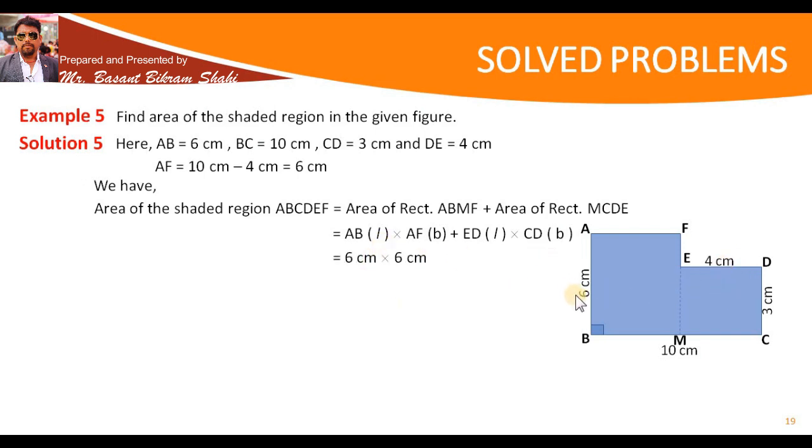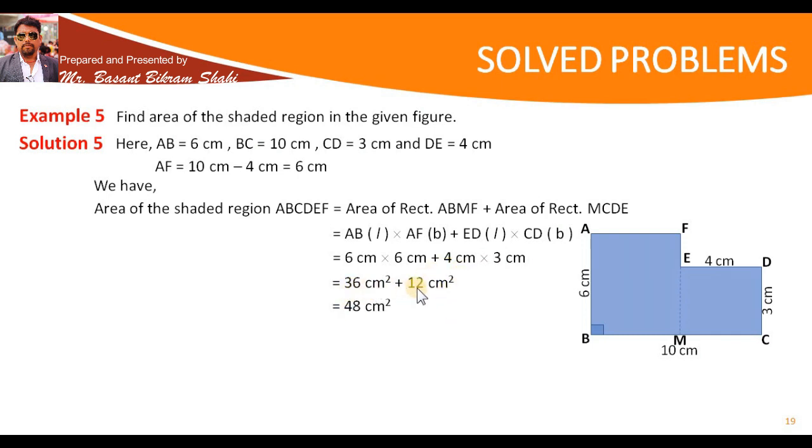Now L is 6 centimeter, and we got AF also 6 centimeter. ED, L, is 4 centimeter. CD, B, is 3 centimeter. So 6 into 6, 36 square centimeter. 4 into 3, 12 square centimeter.